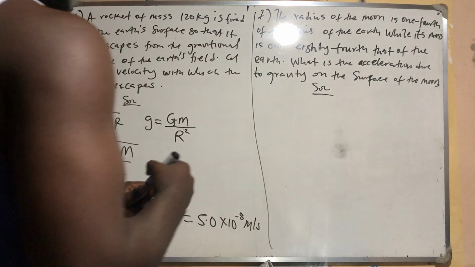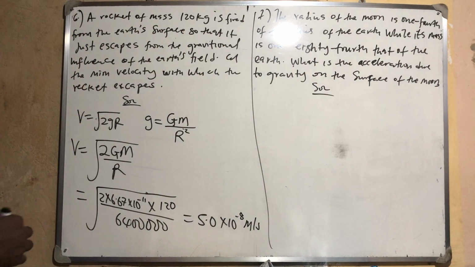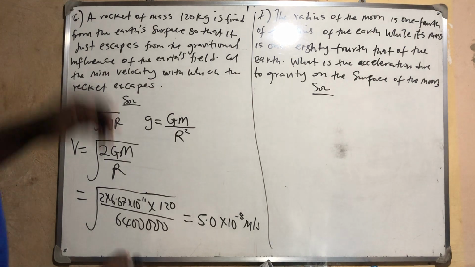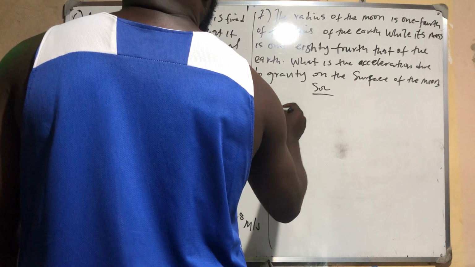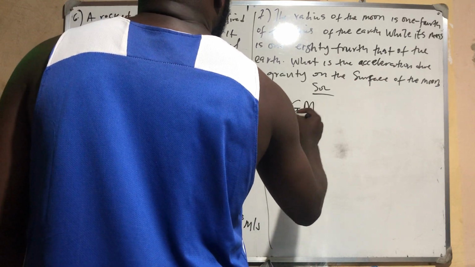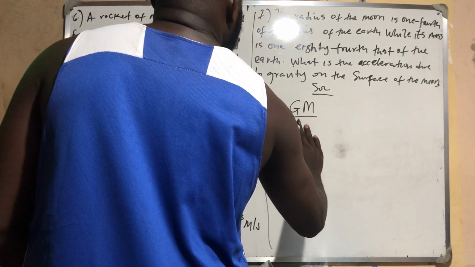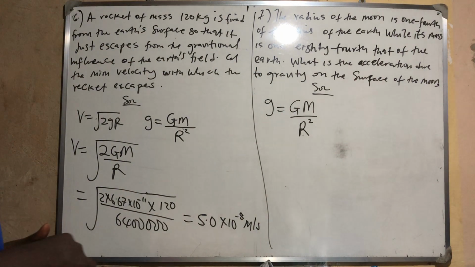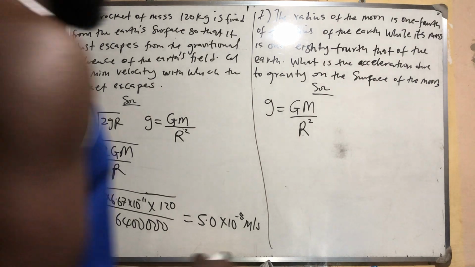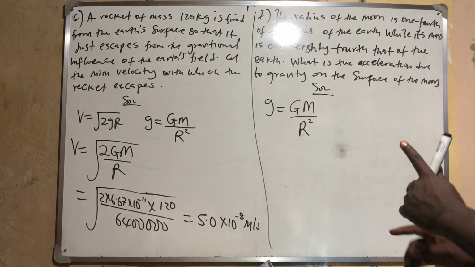Solution: we want to calculate the acceleration due to gravity on the moon. We know that the normal formula for acceleration due to gravity is g equals GM over r squared.